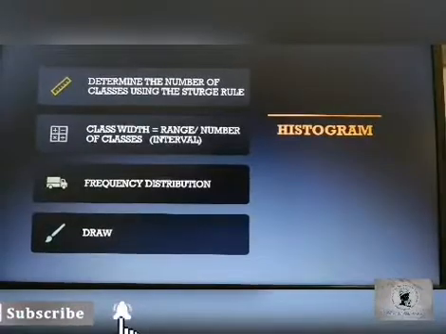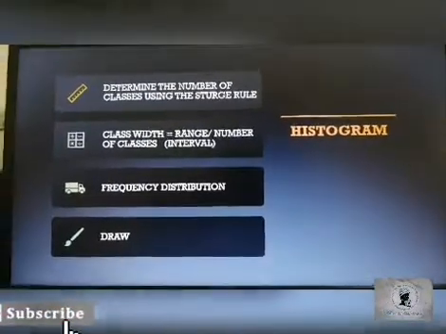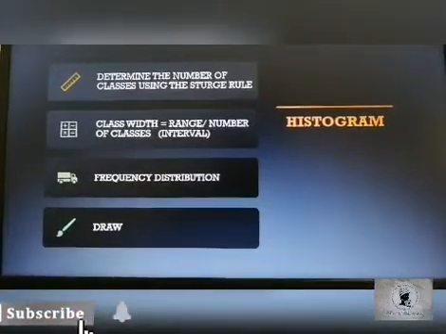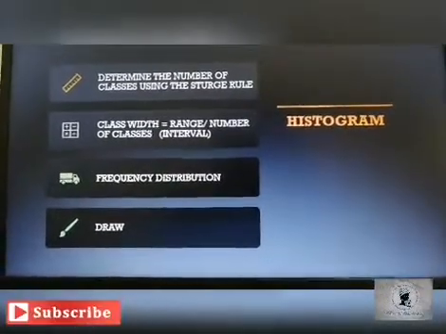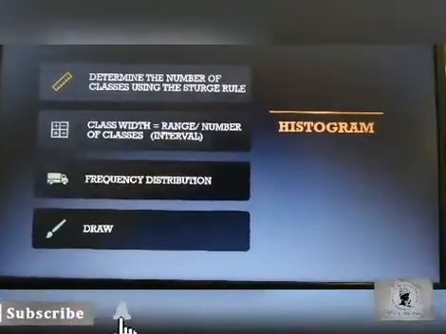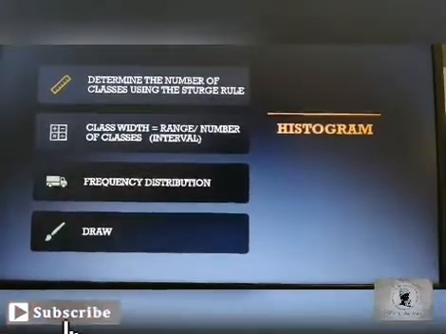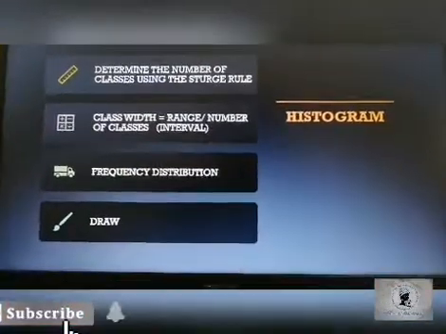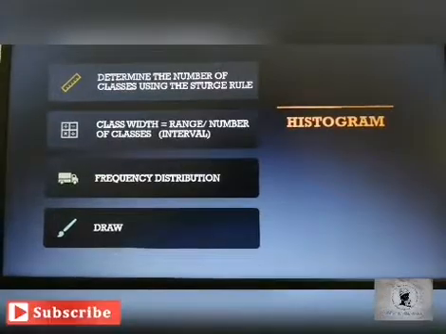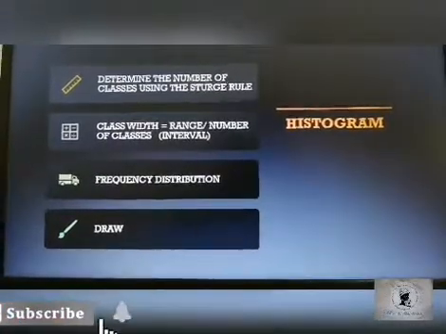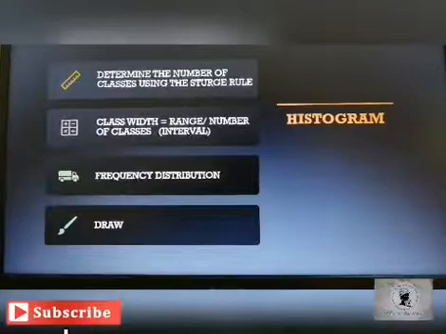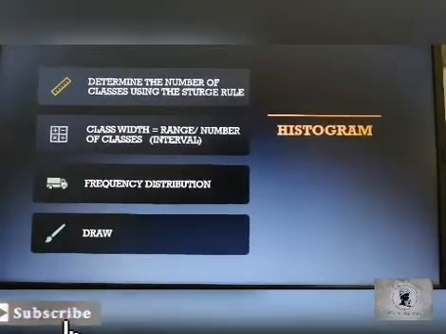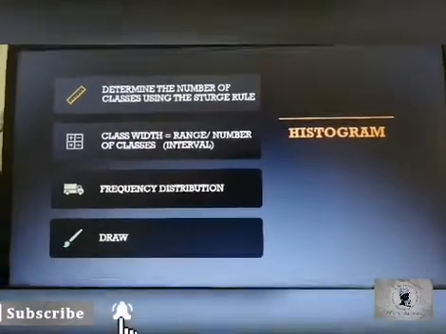When you are done with that, you can start with your frequency distribution table now, which has your class and the frequency. You can even add the relative frequency. It's okay, because sometimes you might draw your histogram based on the relative frequency. Guys, you need to look at your data, and if you see that the minimum number in your data is not convenient to use, you can start with a number that is smaller than it.